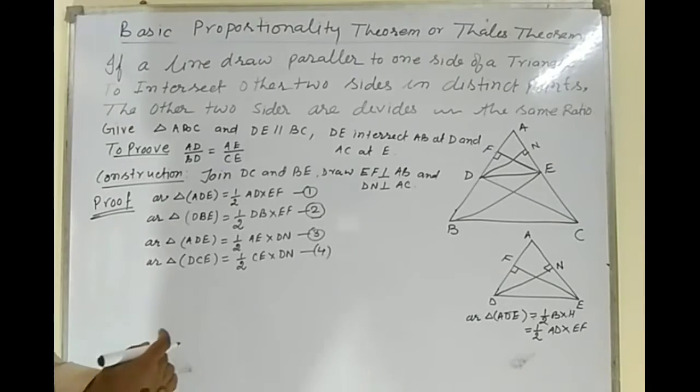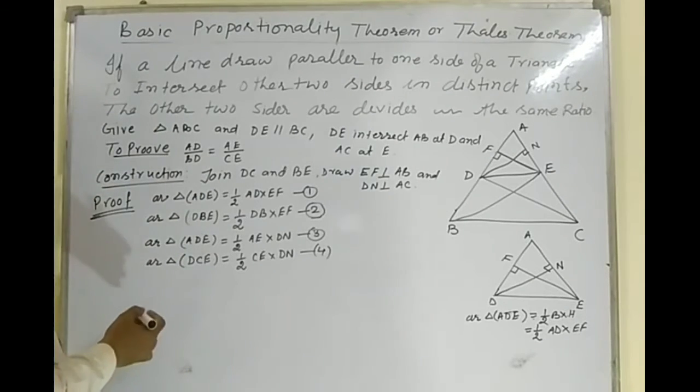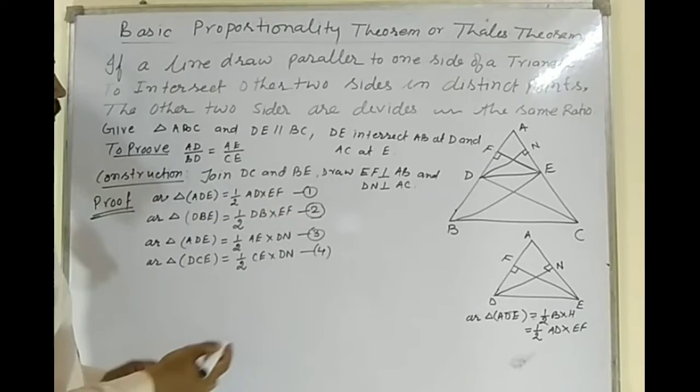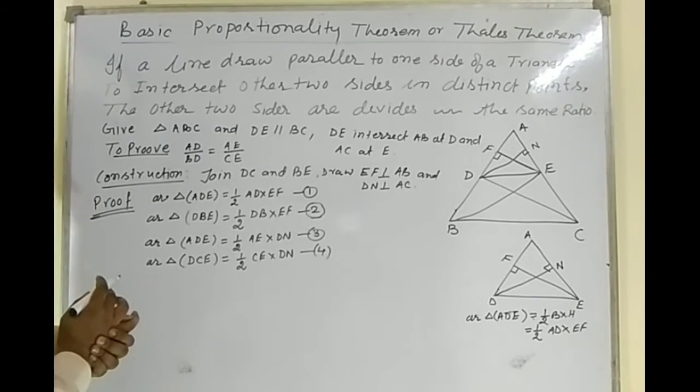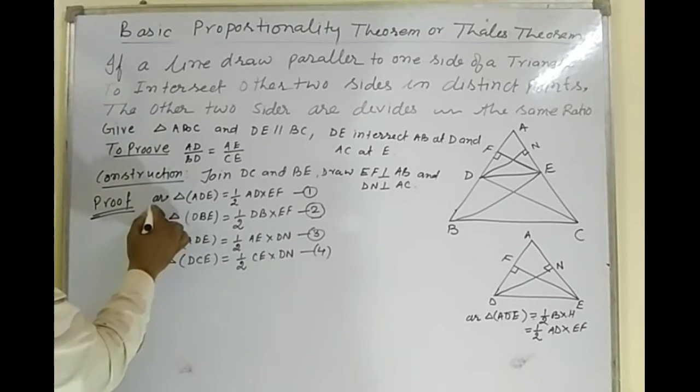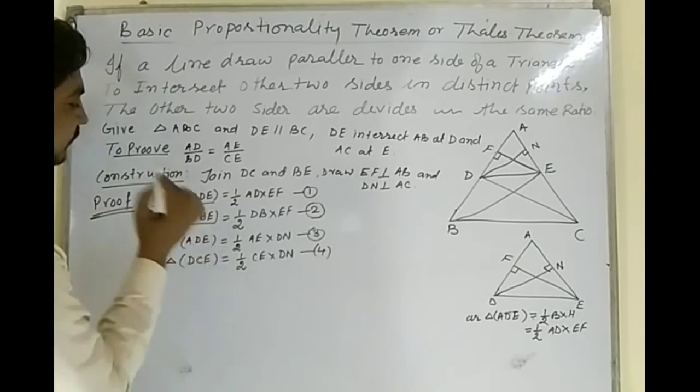We need the ratios AD upon BD and AE upon CE. To prove this, we can divide the area of this triangle by the area of this triangle.